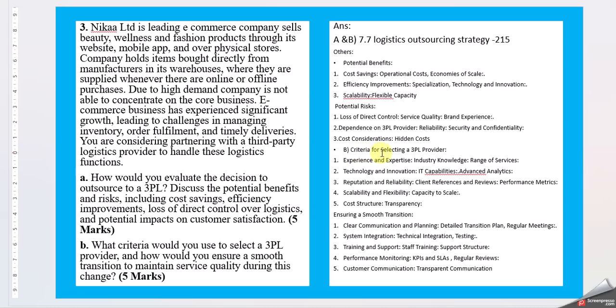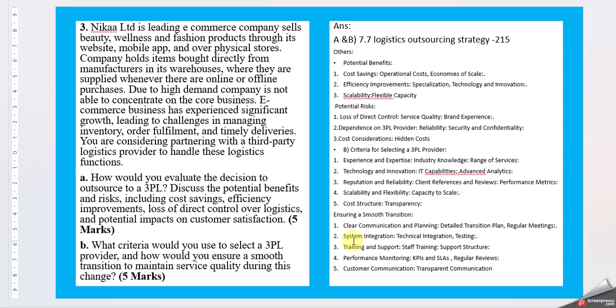And for B, criteria for selecting a 3PL provider can be experience and expertise, like industry knowledge, range of services, technology and innovation, IT capabilities, advanced analytics, reputation and reliability, client references, reviews, and performance metrics, scalability and flexibility, capacity to scale, cost structure, transparency.